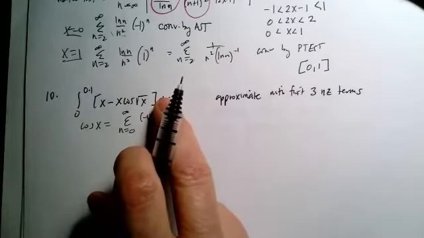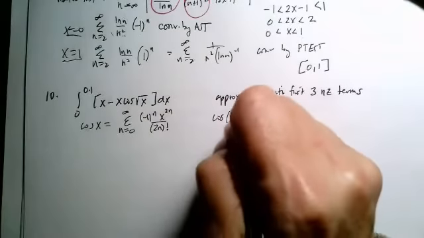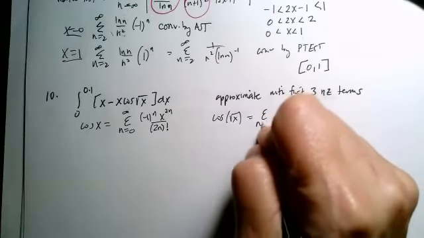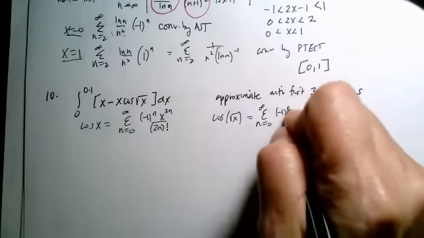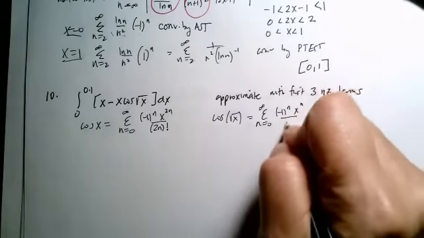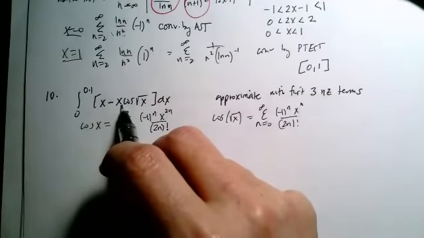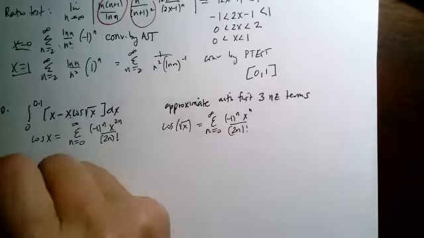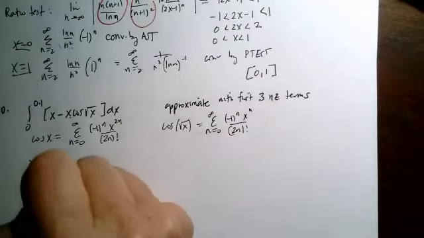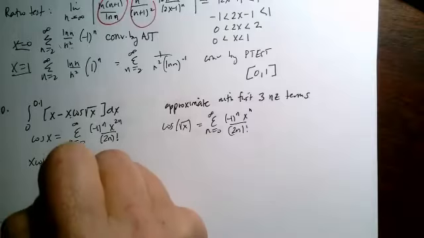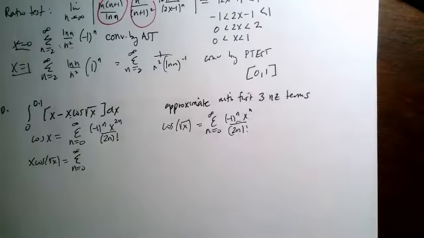But we have the square root of x, and that will become -1 to the n, x to the n over 2n factorial. And when we put an x in front of it, that's going to be x to the n plus 1.